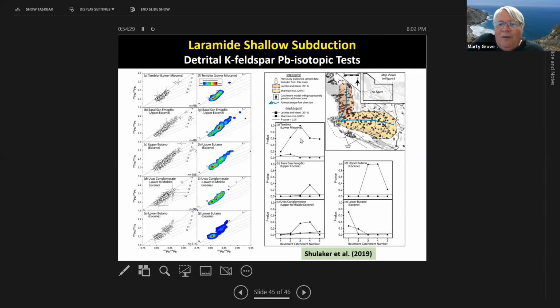And in fact, we've quantitatively evaluated this by taking our data and binning it and going into progressively larger and larger catchments to the east or to the north, right in here.